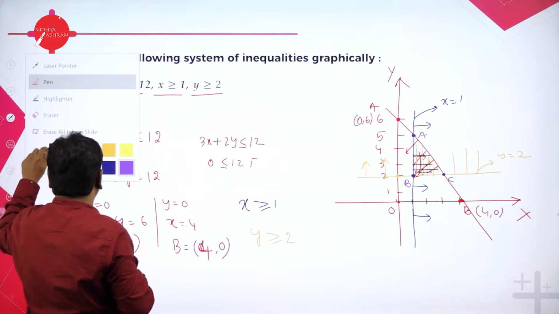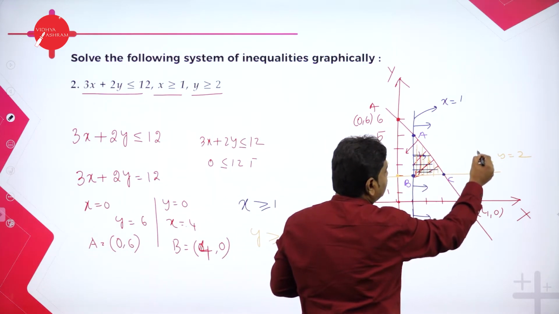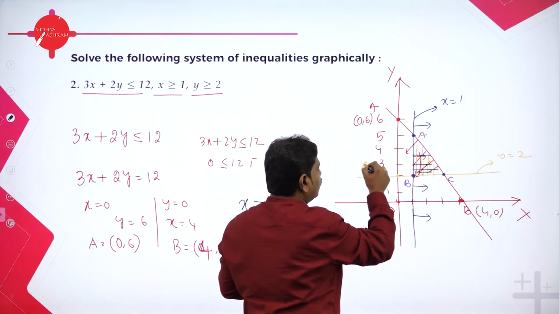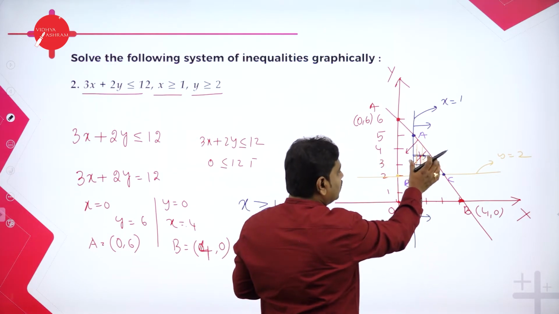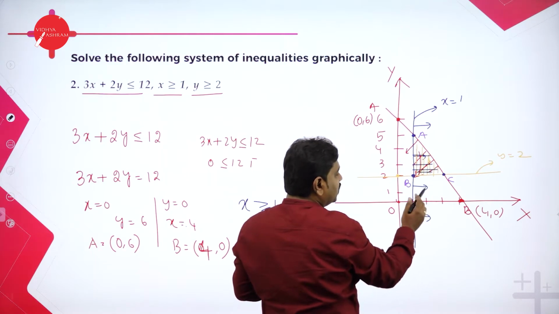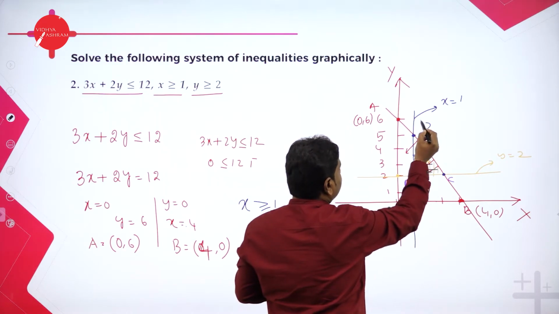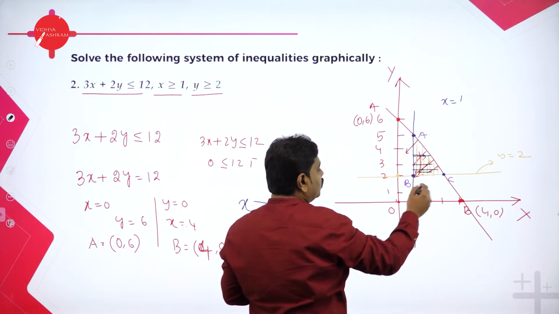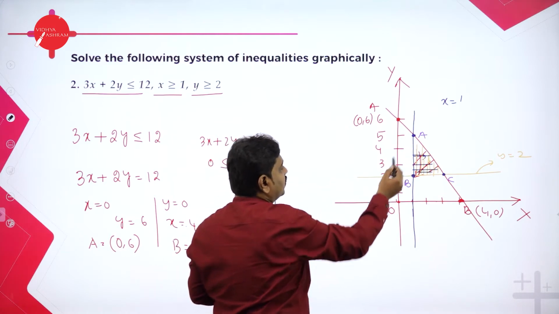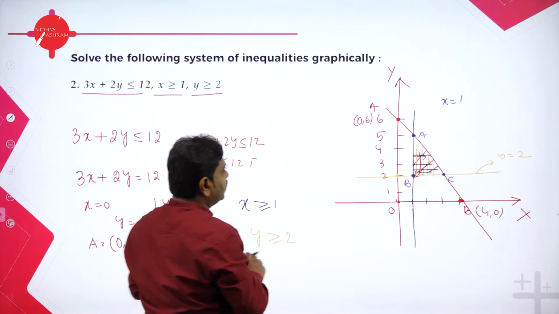Where it is not mixing, it is not common to all, so it is uncommon, erase it. Blue line, here it is mixing, retain it, but here it is only blue line shading, erase this. Red line goes down, so only retain the region where it is mixing. Now all the shadings are mixing in this region.